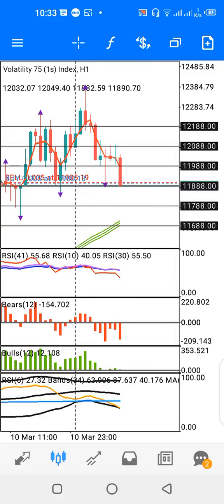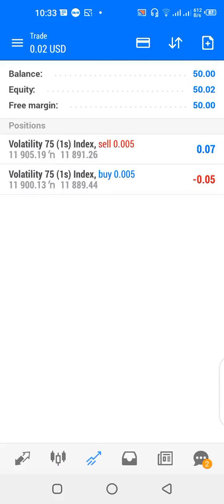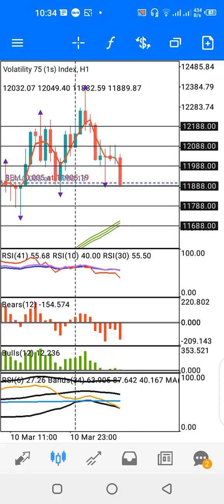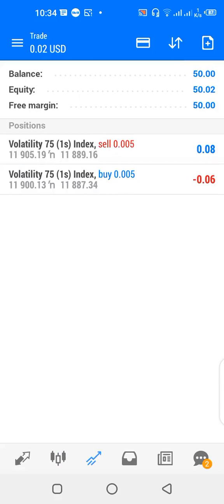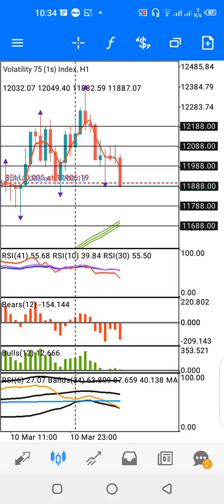So we are using the ultra evasive grail hedge strategy. It involves you setting the same lot size, buy and sell at the same time, at the same point. Could be pending orders, it could be instant execution. What I've just done is instant trade execution for the purpose of this video.